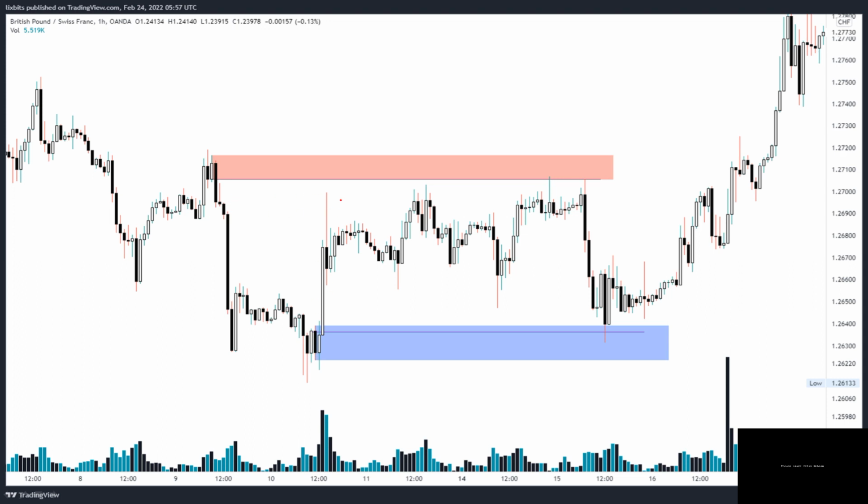Now here price attempted to reach this supply zone once, and it failed. It traded above this but still failed to reach this supply zone.